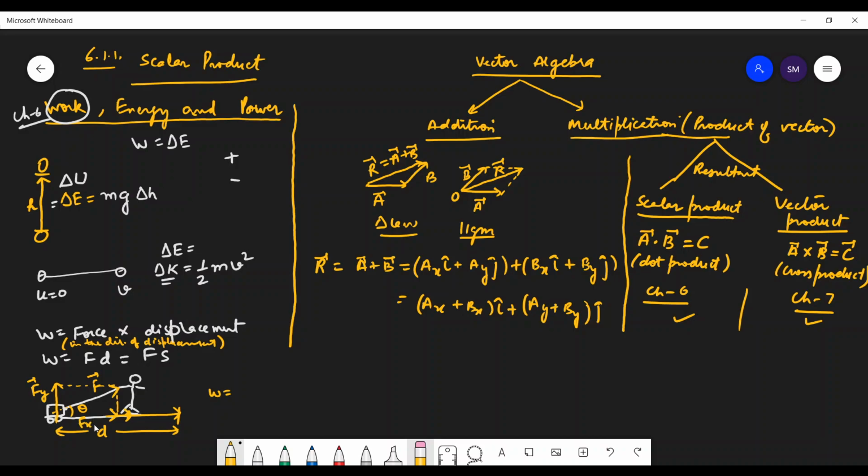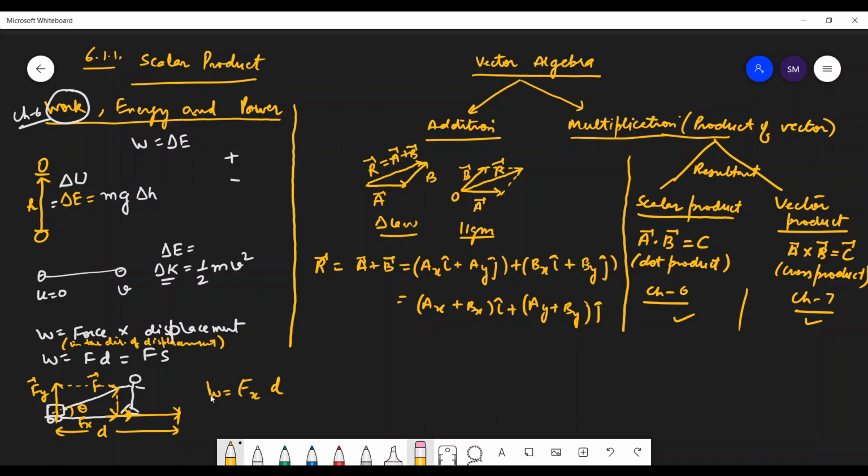So which component am I going to consider? I am going to consider the force which is in the direction of displacement, or you can say projection of force on displacement. So it means Fx into d.